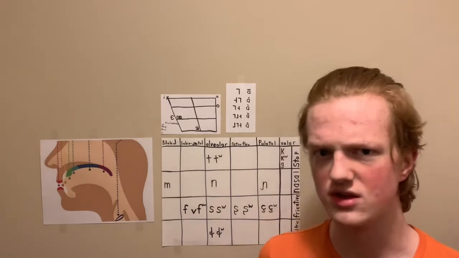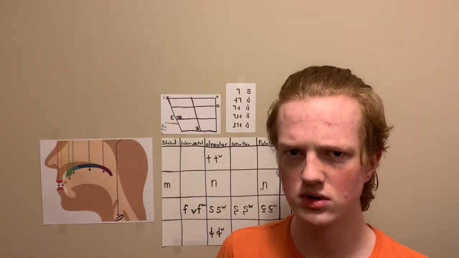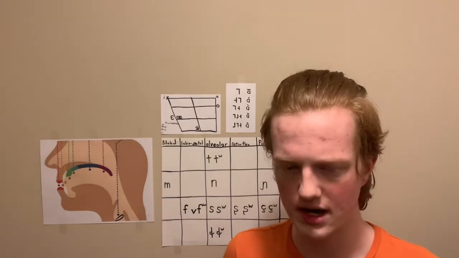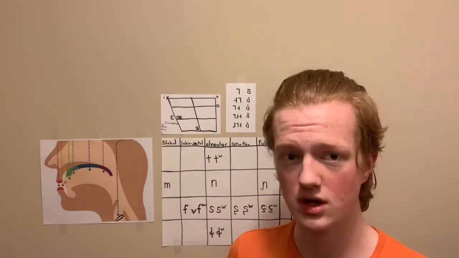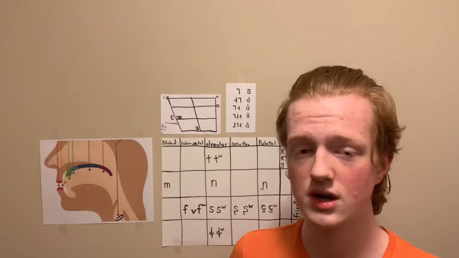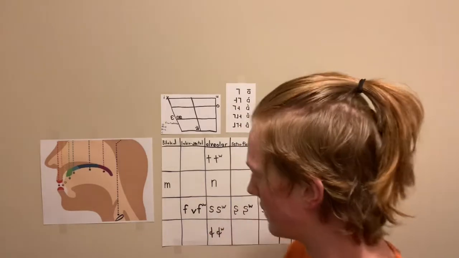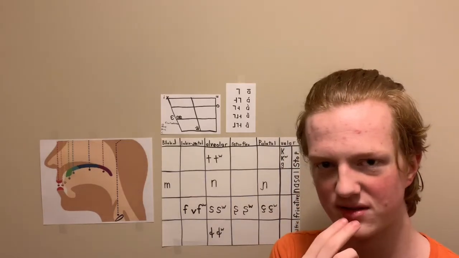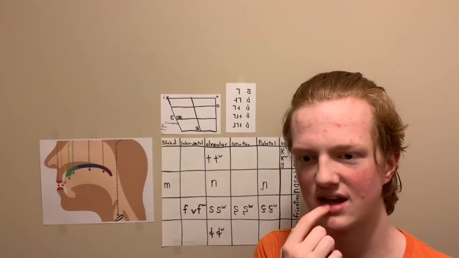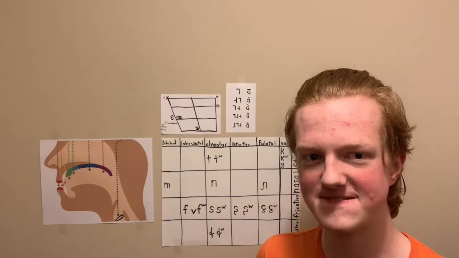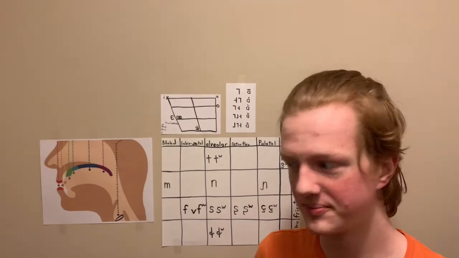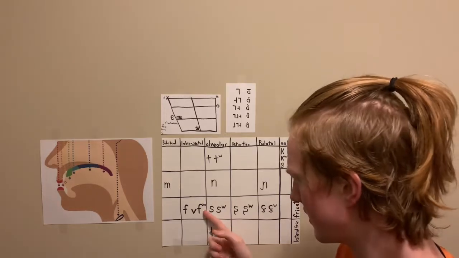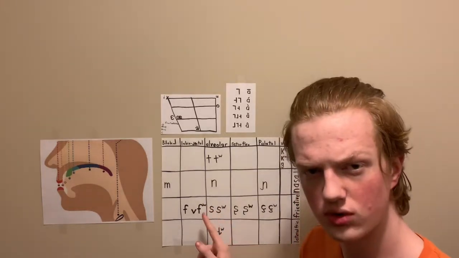A fricative is where you make a small hole with your mouth and force air, creating friction through the hole. Friction, fricative. So, in this case, you are making that small little gap in your mouth with the upper teeth and lower lip. Fa and va.